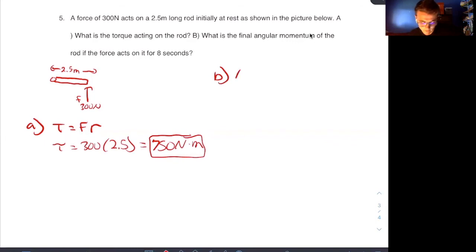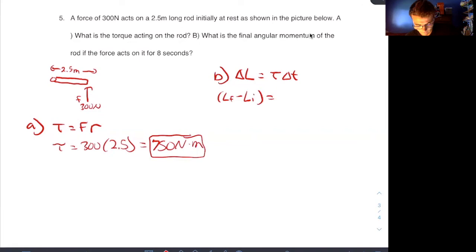So now that we have the torque, that'll help us find our angular momentum in part B. So we know that the change in angular momentum equals torque times the change in time, so the amount of time that the torque is being applied. So we know our initial angular momentum, right? Final minus initial, our initial is 0.